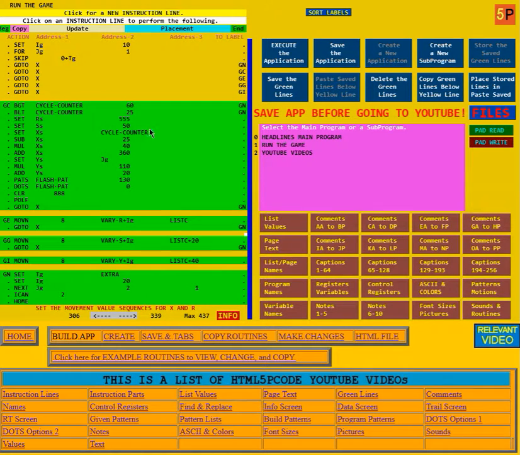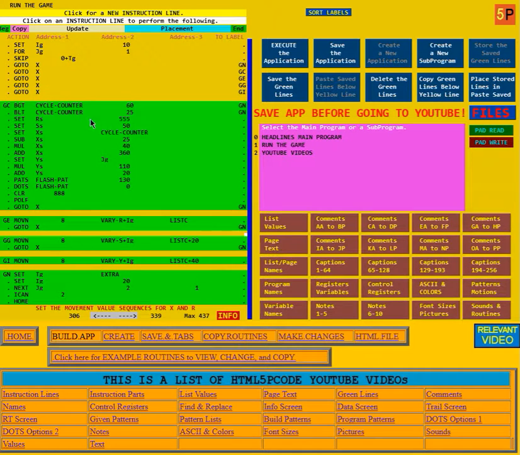When it comes around here for the heading, this first part is for the flashing of a ball across the screen. But it's only there at certain values of the cycle counter. If the cycle counter is greater than 60, it goes to GN and doesn't do anything. If it's less than 25, it goes to GN and doesn't do anything. Otherwise, it's going to flash it across the screen.